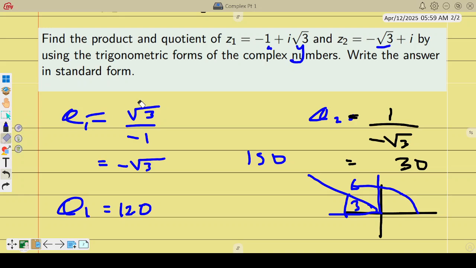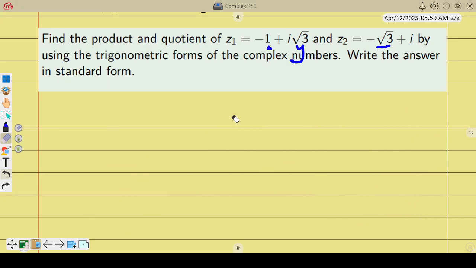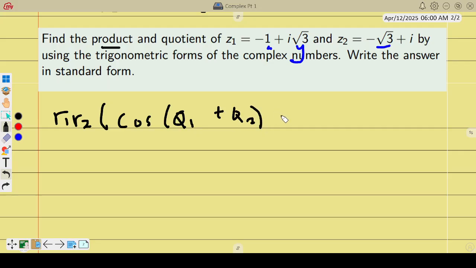Yeah, so now from here we know R1 and R2, we had found 2 and 2, and then here we now have 120 and 150. So we're going to say the product R1 R2 cos, you add the angles, and also there you add.